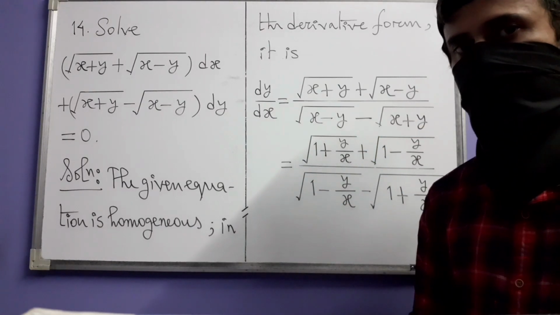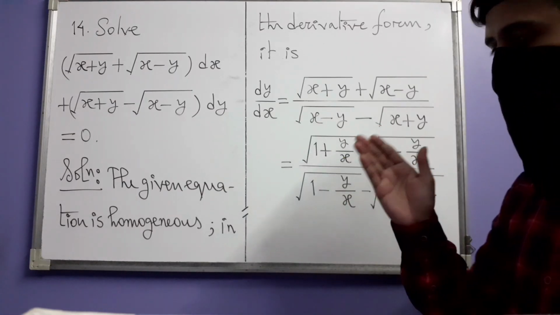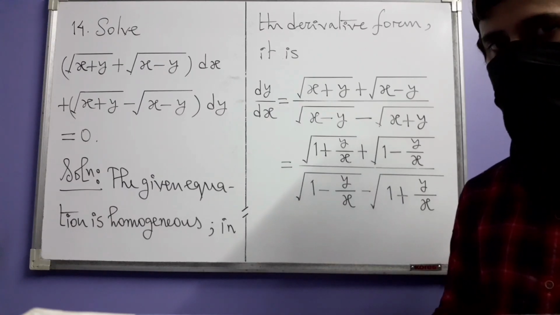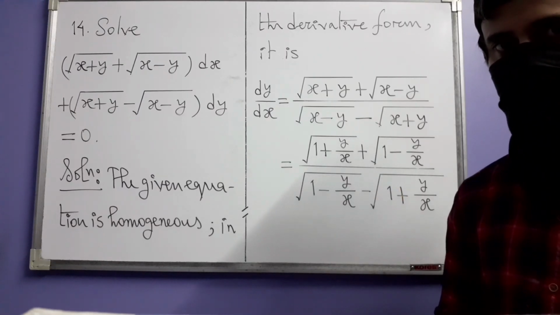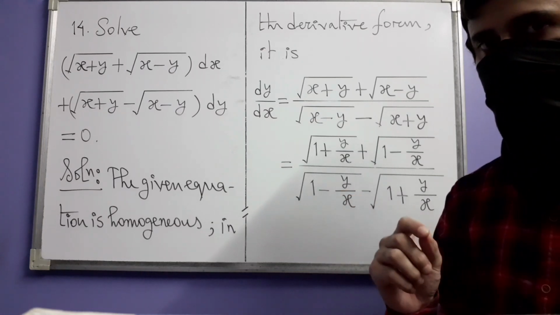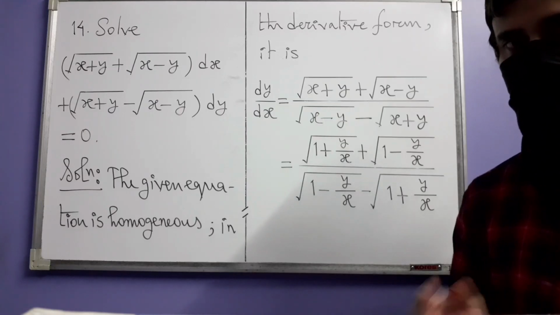So by definition it's homogeneous, and now we have to apply the change of variable that will turn this into a separable equation, and that change of variable is y equals vx, where v is a new variable which is going to replace y. X will remain.